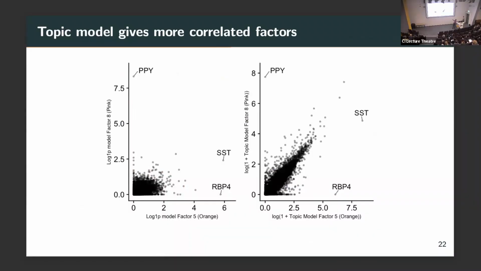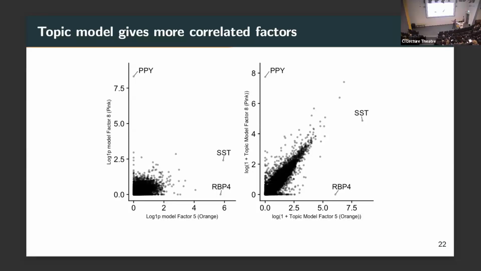PPY is the classical canonical marker gene for gamma cells. In fact, I think they're often called PP cells or PPY cells. This is just highlighting the genes that are really quite different in gamma versus delta, but most of the factors are correlated. Whereas the picture here between the orange and the pink is very different.